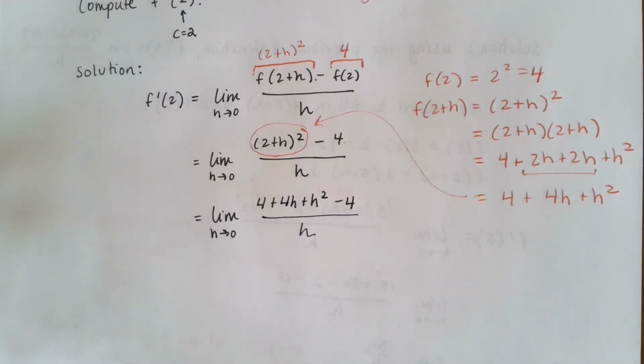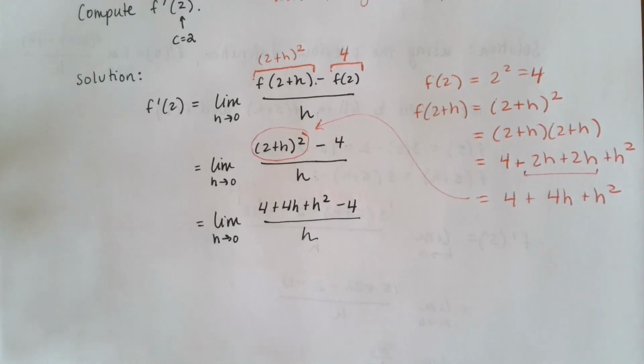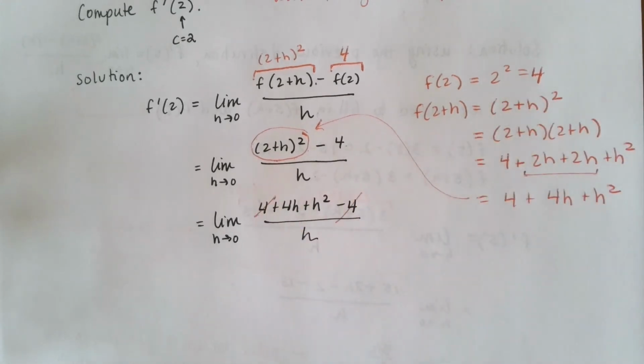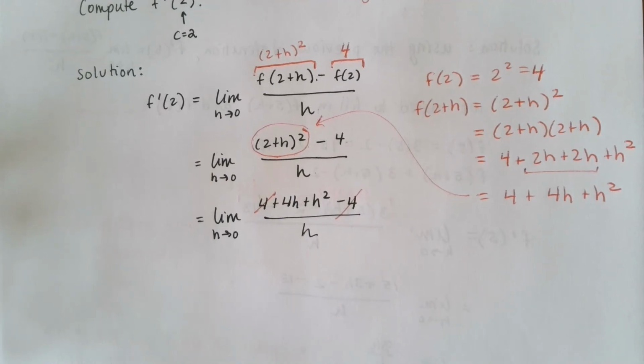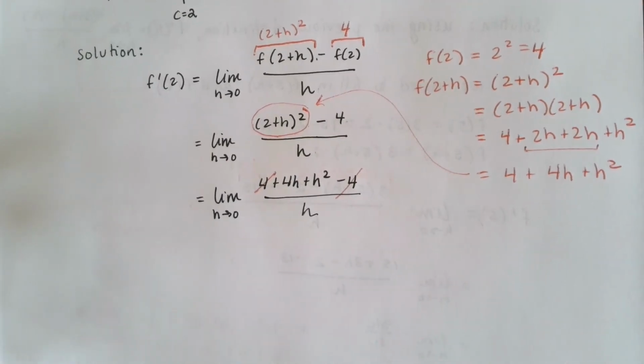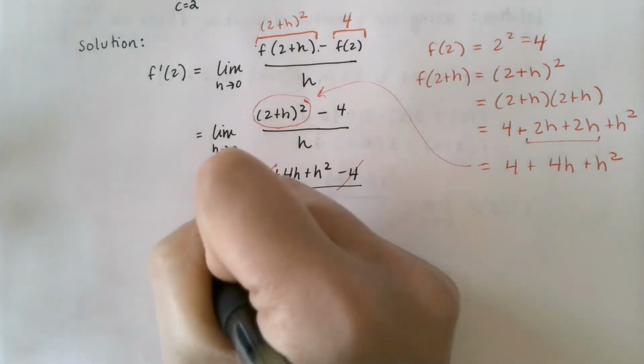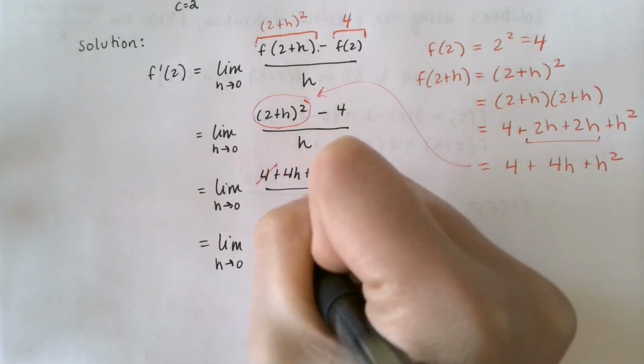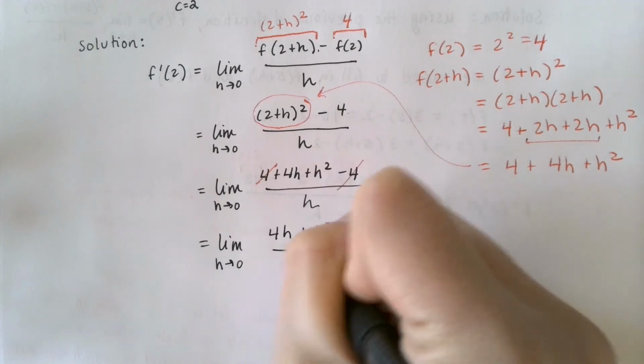Alright, so on the top of this fraction now, you can see 4 and negative 4. These completely cancel out. And that's actually where the magic is, because once we get rid of those 4s, what we have left is 4h plus h squared over h.